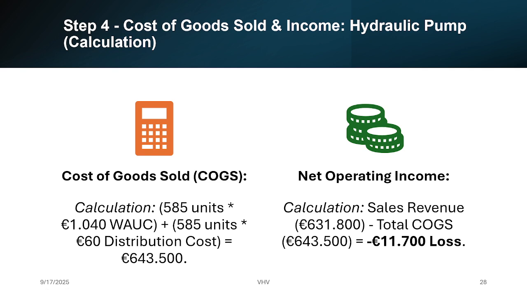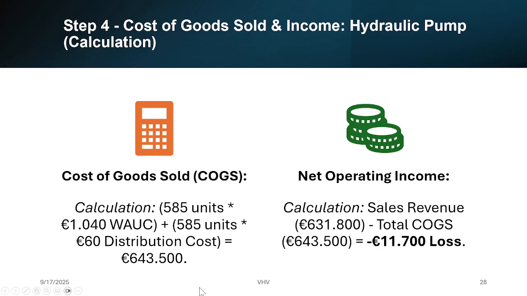Now let's perform the same analysis for the hydraulic pump. We can refer to the next two tables on the following slide. So first we calculate the cost of goods sold. The product cost for the 585 units sold is based on the weighted average unit cost of 1,040 euro per unit, which is 608,400.